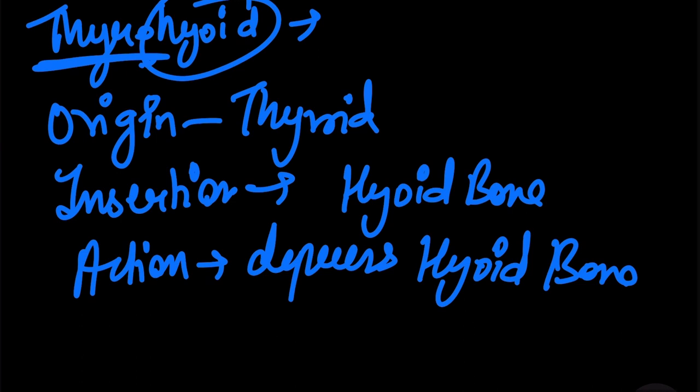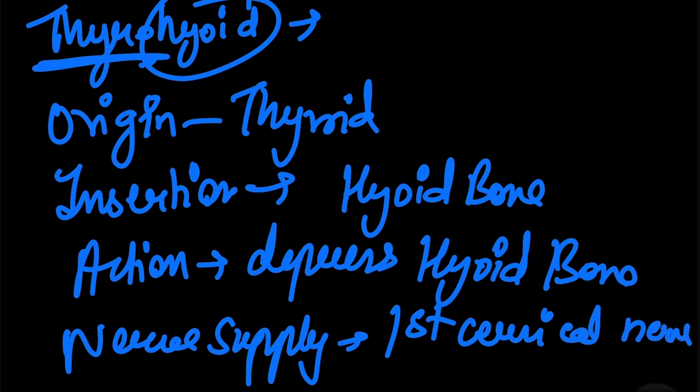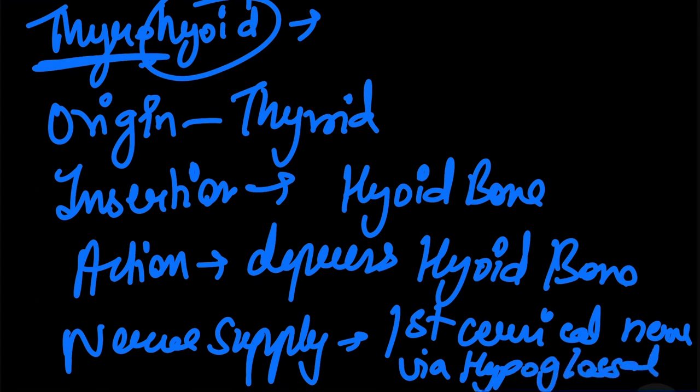Then its nerve supply is first cervical nerve via hypoglossal. So this is the thing we need to remember while studying this.